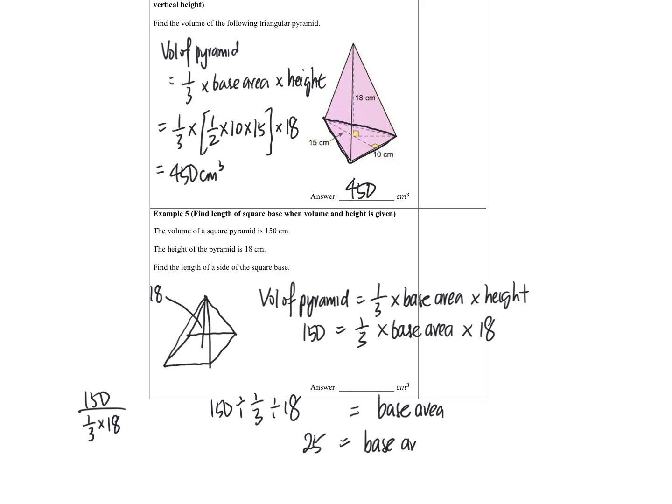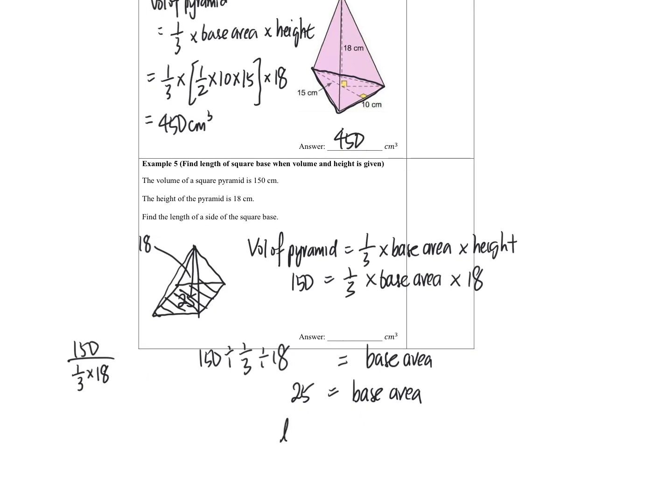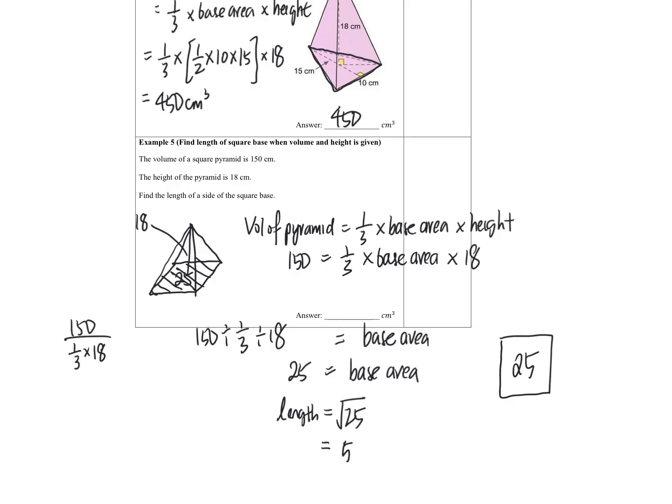Because the base area is 25, can you then find the length of one side of the square? How to find the length of the square if the area is 25? This one, primary 6. Square root. Just take the square root of 25 and then you get 5. Although you know you have a minus 5, this one is not essential here.